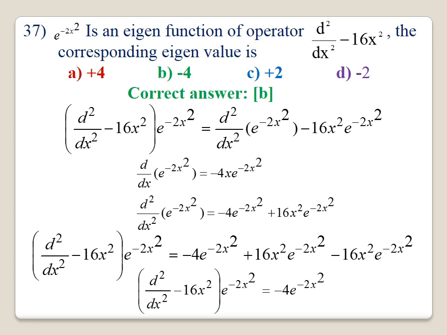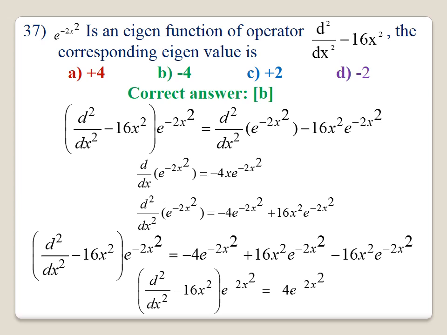First you differentiate d by dx of e power of minus 2x square, the wave function. That will be equal to minus 4x into e power of minus 2x square. Once again you differentiate, d square by dx square, and here you have two functions. One function is 4x and the other function is e power of minus 2x square.